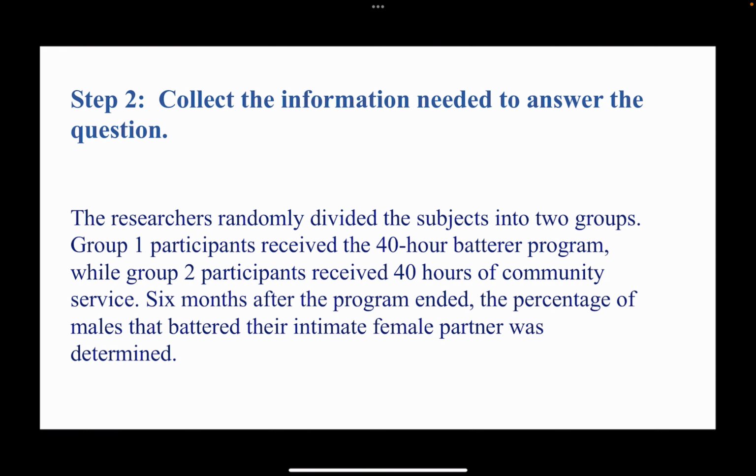They were randomly assigned into both of those groups. 6 months after the program ended, we determined the percentage of males that battered their partners again. This is the information. We're not doing anything with the information yet. This is just our gathering of the information.